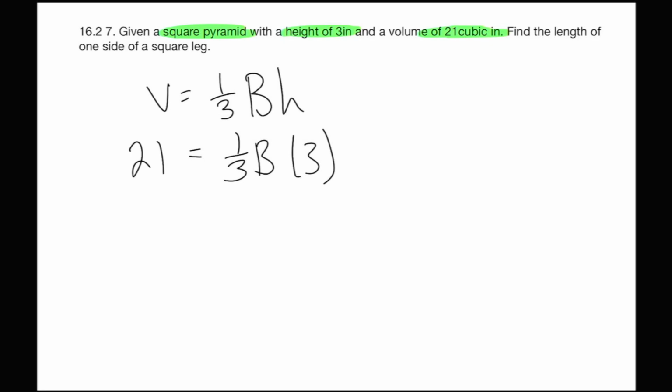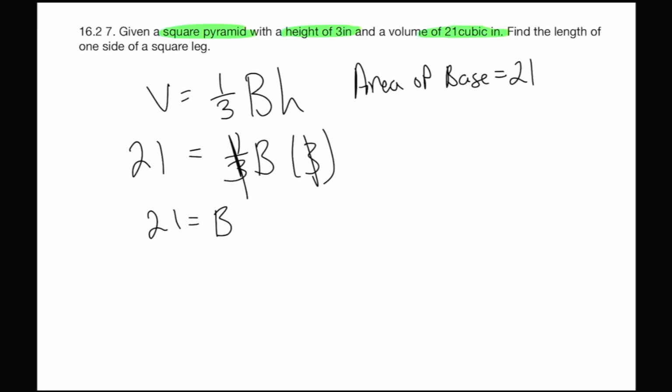My 3's are going to cancel out because 3 divided by 3 is just 1. And I'm left with 21 is equal to B, the area of the base. The area of the base is equal to 21 inches.